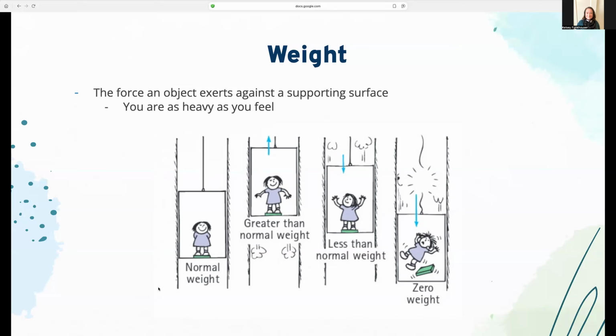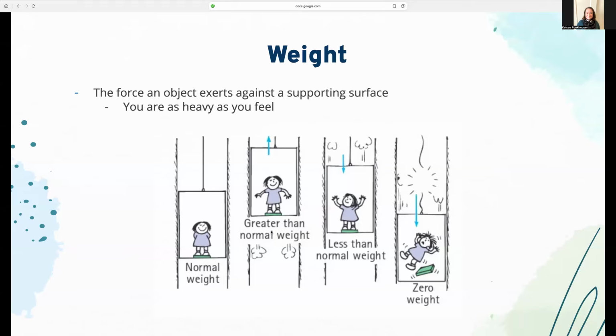But when the elevator is accelerating upward, the scale reads a larger weight and the person feels heavier than normal. So if we're accelerating up, the scale is going to read a bigger number, bigger value, and you feel heavier.